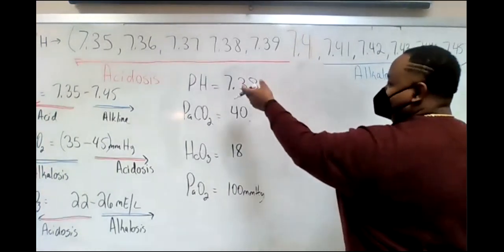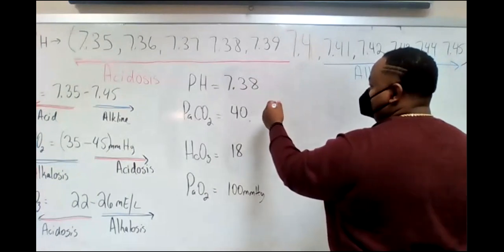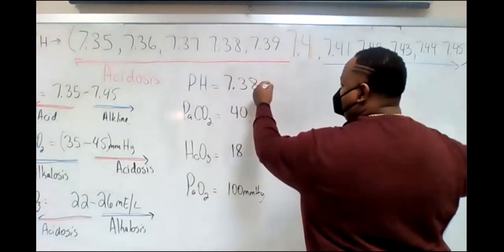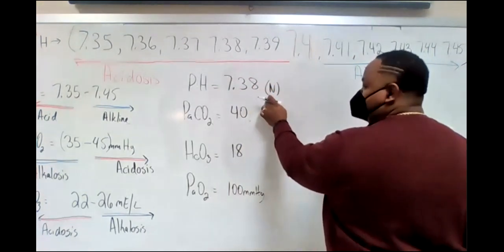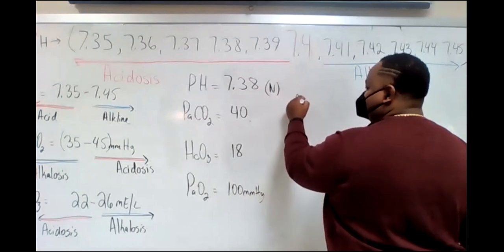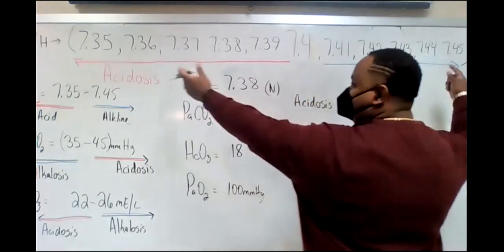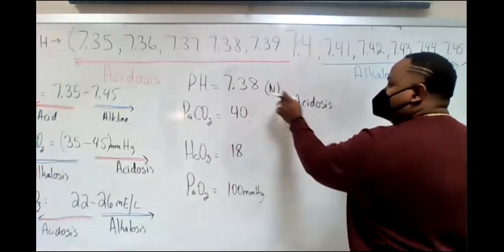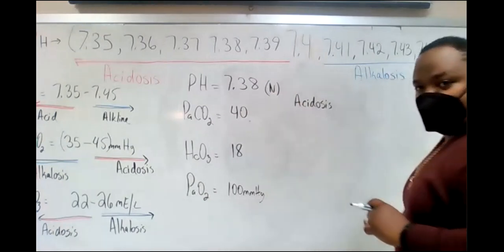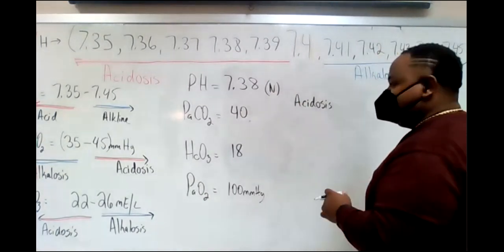It's leaning acid, but it's still in normal range. So it's normal, but leaning acidosis, right? Good. Now let's see who's causing the problem, Yasmin.